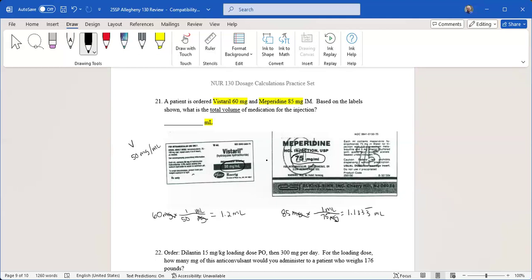So we're going to round this. You can round it now or you can round it later, but really we're just going to be crossing that out because it doesn't raise the number. So then I'm just going to add these two. 1.2 plus 1.1 gives me 2.3 milliliters total. And then you just write that 2.3 milliliters total.